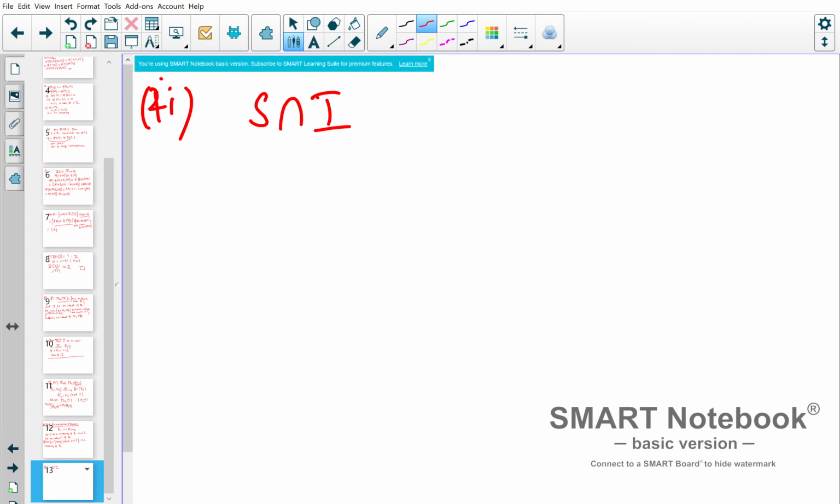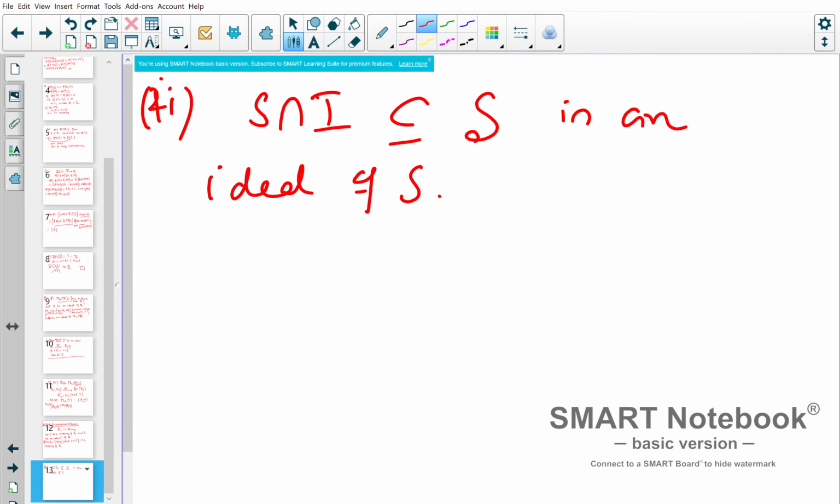Zero is always there. So this is actually a subset of S, but it is not only sitting inside S, it is something more. It is an ideal of S actually.